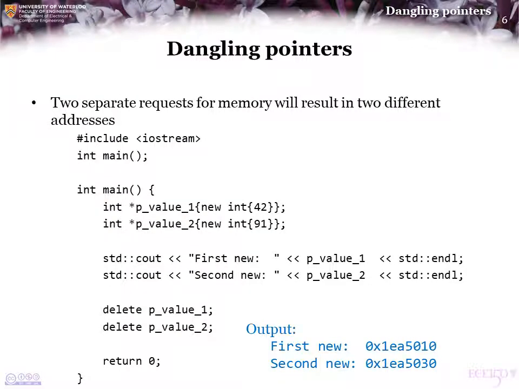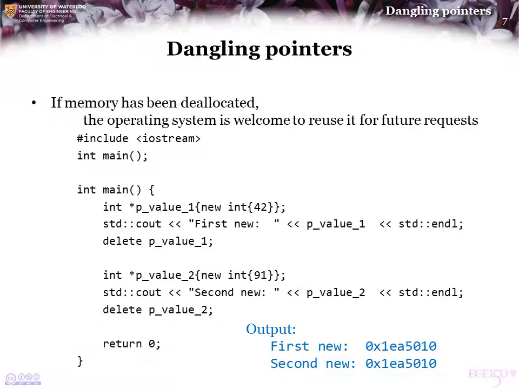Now, if you make two separate independent requests for memory, then you're going to get two different addresses. So here, both the pointer to value 1 and pointer to value 2 have different addresses, as we can see from the output. The problem is, if memory has been deallocated, the operating system is welcome to reuse that memory for future requests.